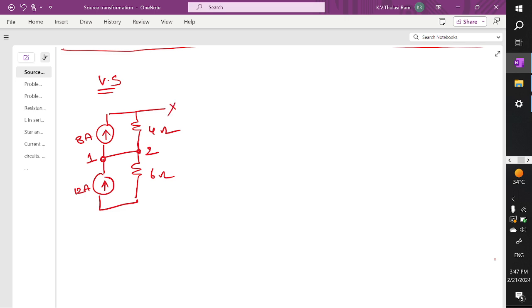Let's mark this node as x and this node as y. Now I am going to draw it. This is x, this is 1 and 2, and this is y. Between x and y, I am going to have a resistor and a voltage source. What is the voltage source? V is equal to I into R. I is 8, so 8 into 4, that's nothing but 32 volts.